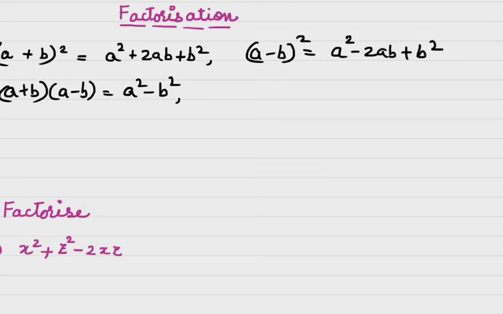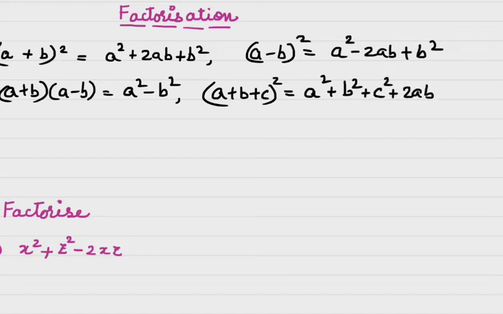The fourth identity was (a plus b plus c) whole square is equal to a square plus b square plus c square plus 2ab plus 2bc plus 2ca.